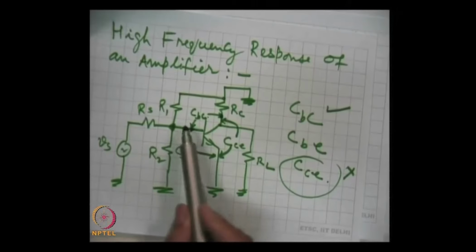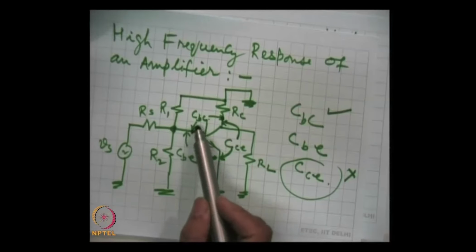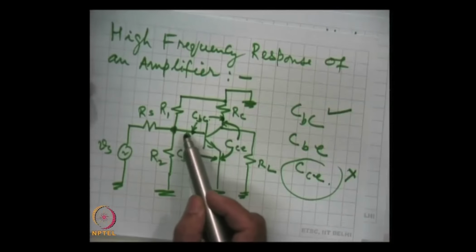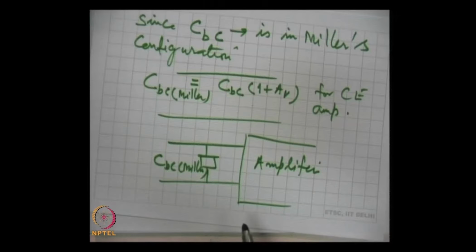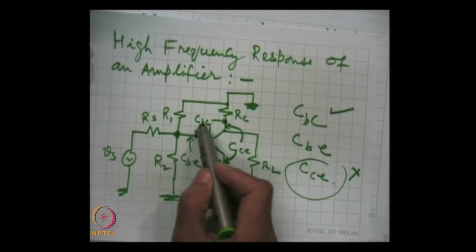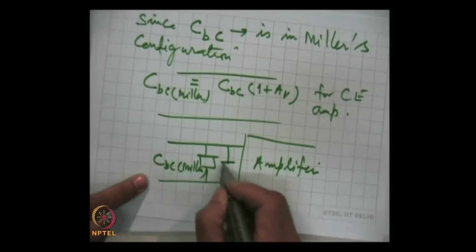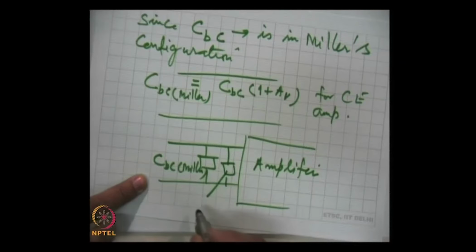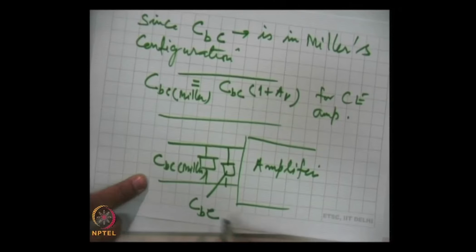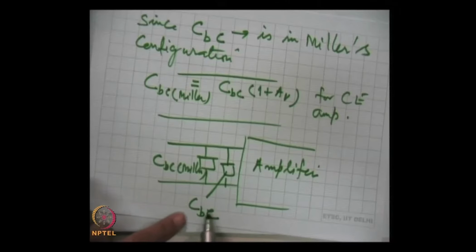So, this will be added up, they will come in parallel, I am sorry, because this is between base and ground, and this is also between base and ground, and then the other capacitance here which is CBE between base and emitter.